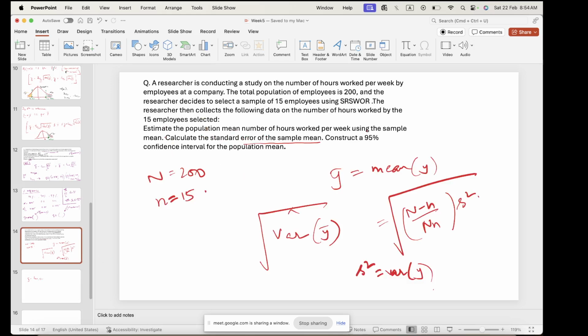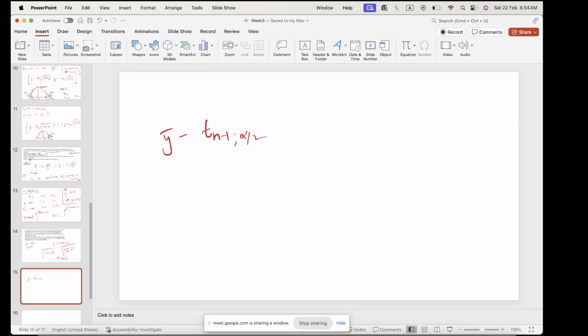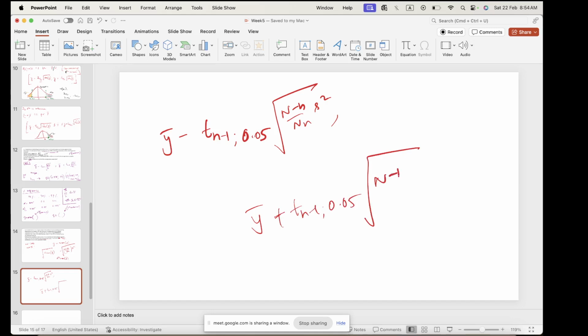So here I'm trying to find out, let's say, 90%, so this would be 0.05, root over (N minus n) by N n s square, and y bar plus t_{n-1, 0.05} root over (N minus n) by capital N n s square. This is the confidence interval that I'm going to get.